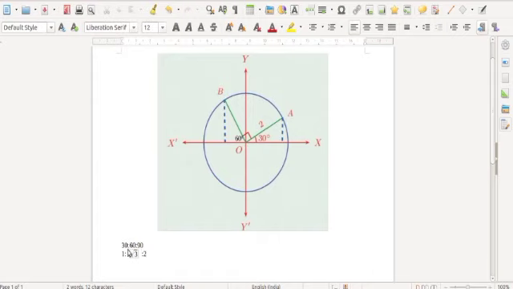Then what about the side opposite to 30 degrees? The side opposite to 30 degrees is half of the side opposite to 90 degrees. That is, this length is equal to 1. Then the side opposite to 60 degrees is √3.